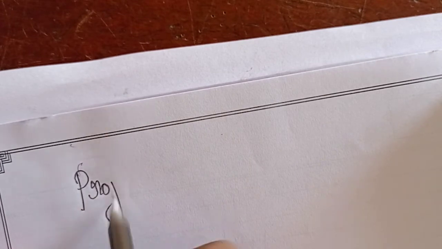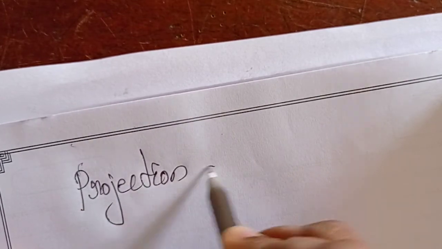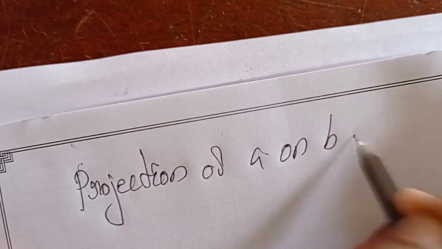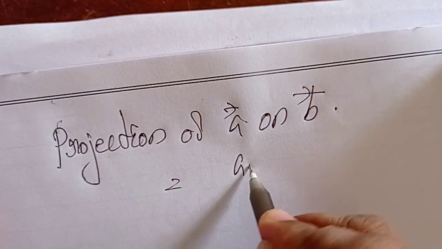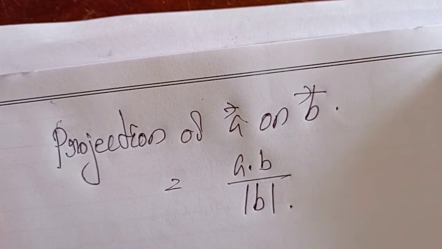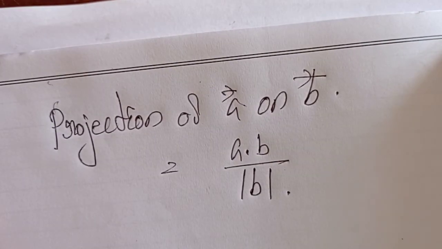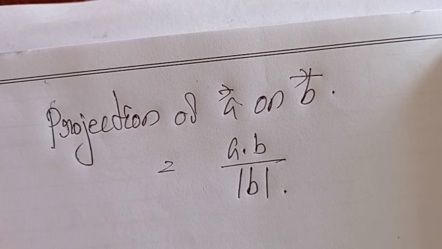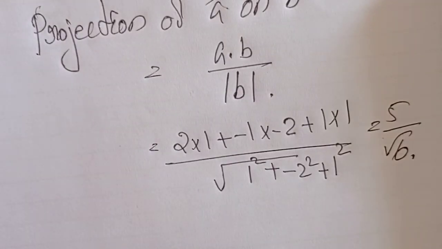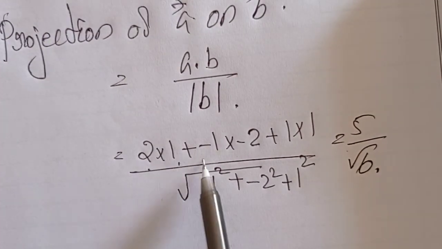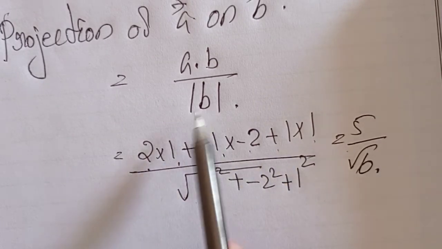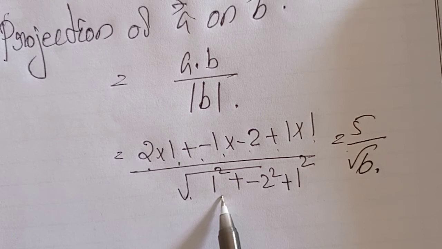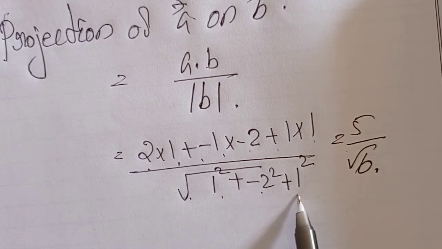Write the note. Projection of vector A on B is A dot B by mod B. First you find A dot B. 2 into 1 plus minus 1 into minus 2 plus 1 into 1, by root of, take the vector B, root of 1 square plus minus 2 square plus 1 square.